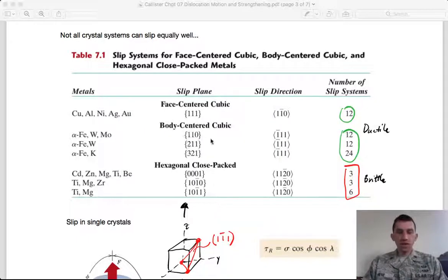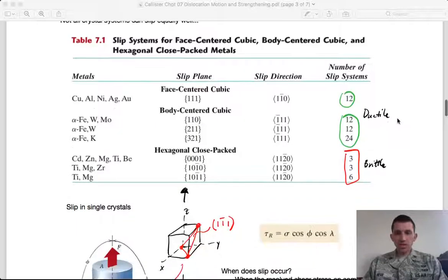So the body diagonal, for instance, the 1, 1, 1 direction, is a close packed direction. And so here we see that relatively ductile materials, especially iron, take a BCC structure, and it has a large number of slip systems as well.